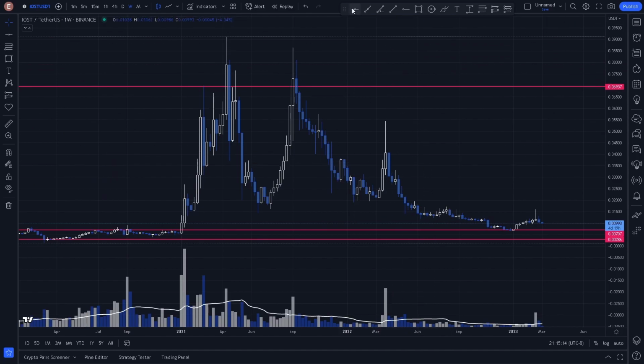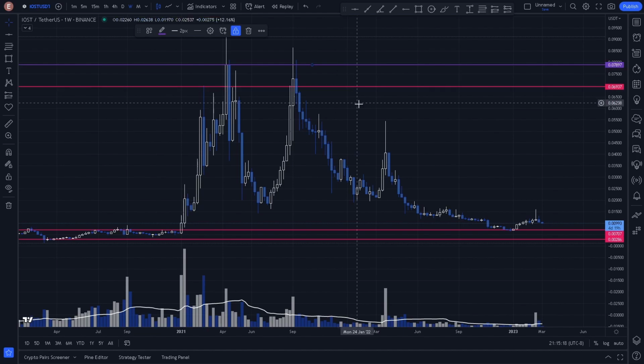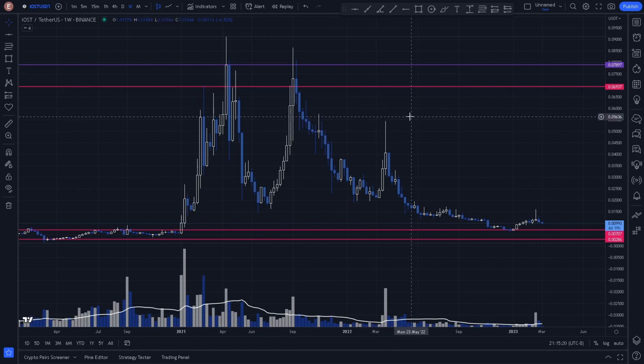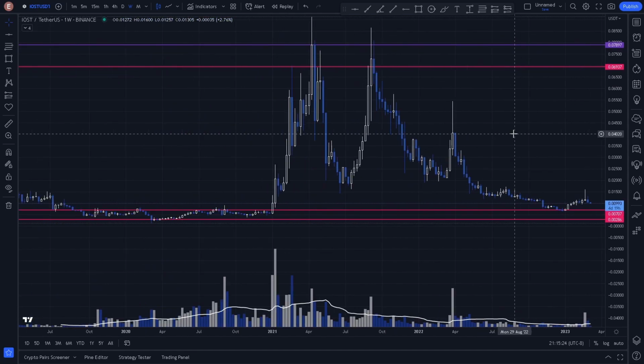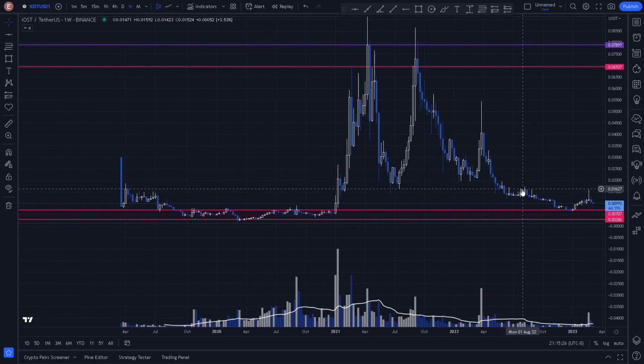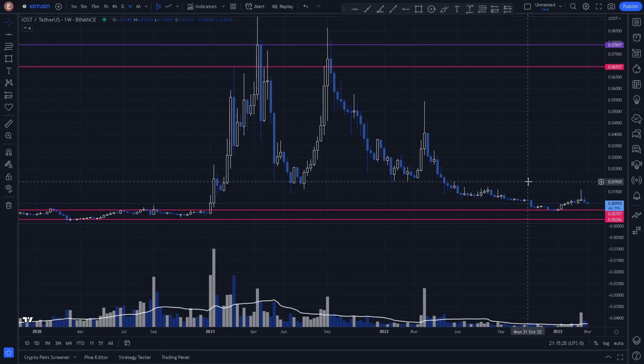So here on the weekly we can go ahead and plot our swing high here. And what else do we notice? We can go ahead and plot a zone right here.